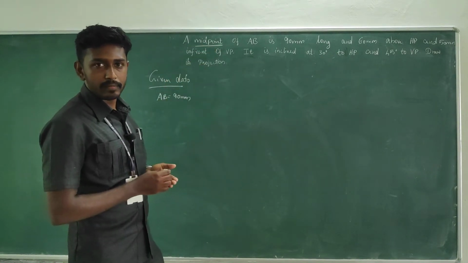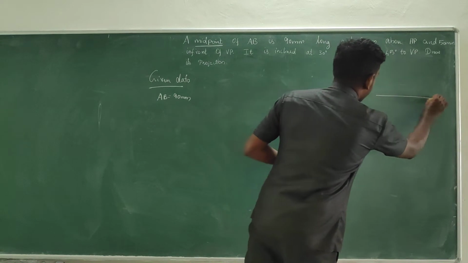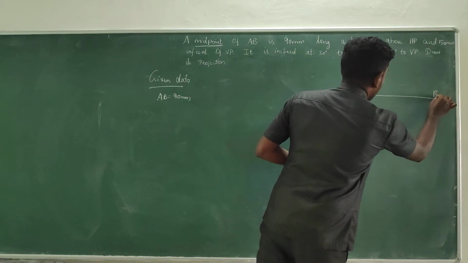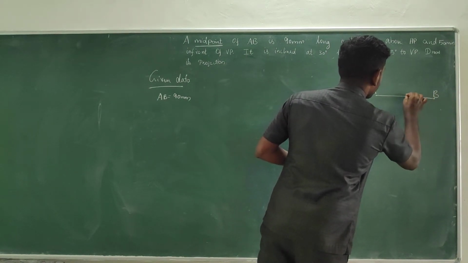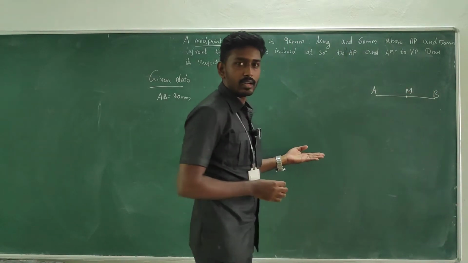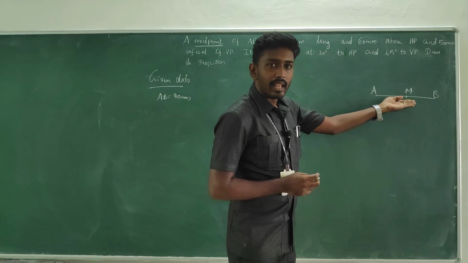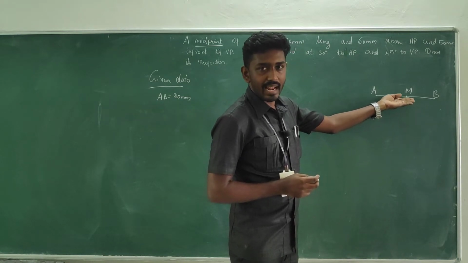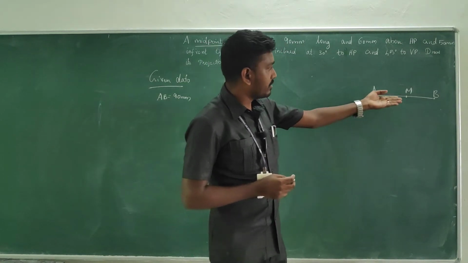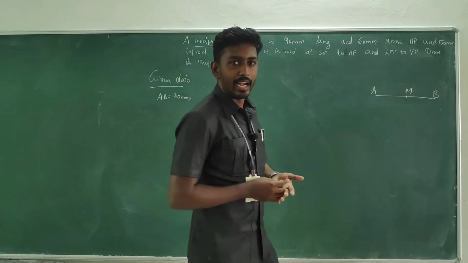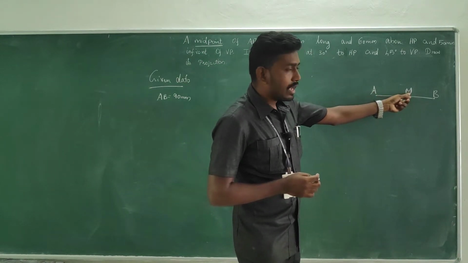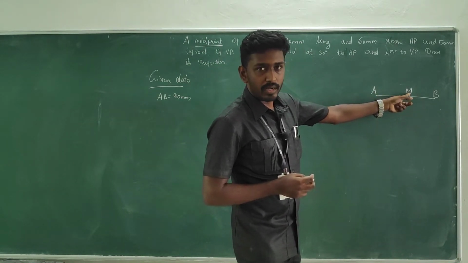What is a midpoint? For example, if I take a line AB, this is the midpoint. That means the point at which the line is equally divided into 2. The point at which the line is divided into 2, we can call it a midpoint, right?